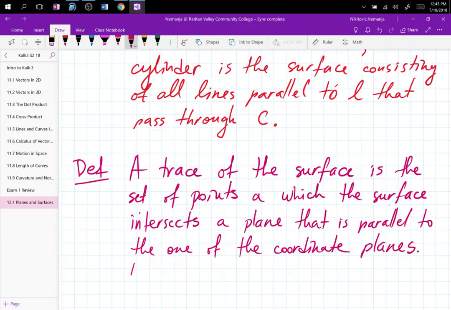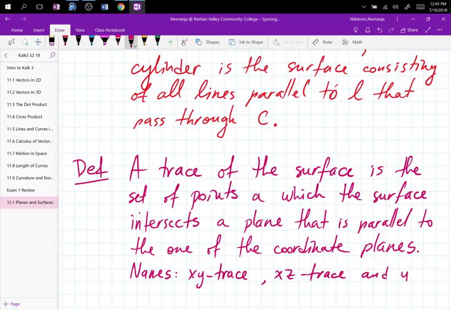I'll just shorten this and say names: XY trace, XZ trace, and YZ trace. So those are the names.